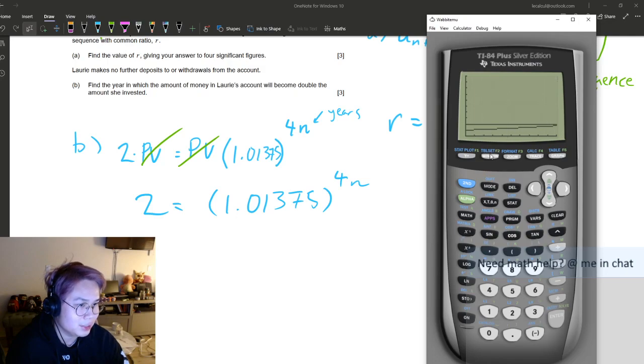Okay, and then you can see my window doesn't fit. First off, it's too tall, so you can just go back and change this real quick. I'll change it to 3, because I'm only interested really in a y value of 2. And let's change this to 20 years instead. So here is where this equation will be 2. So what we can do is we can press second, and then we can calculate the intersection, number 5.